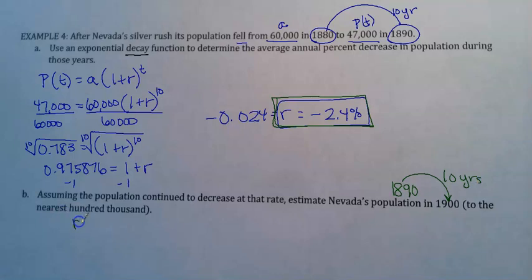Our R is going to stay at negative 2.4%, or negative 0.024. Our initial population this time is going to be that 1890 population, because we're going from 1890 to 1900. So that initial population this time is 47,000.